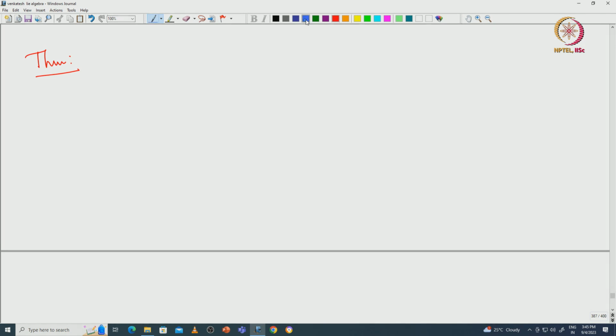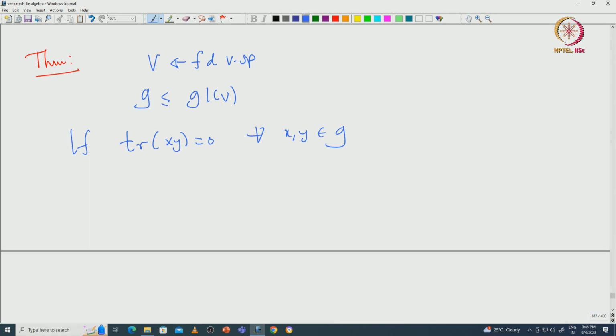So, as before, we take V being a finite dimensional vector space and G being a subalgebra of GL(V). So, suppose we have the trace of xy being 0 for all x, y in G. Okay. So, then we can prove that G must be solvable.